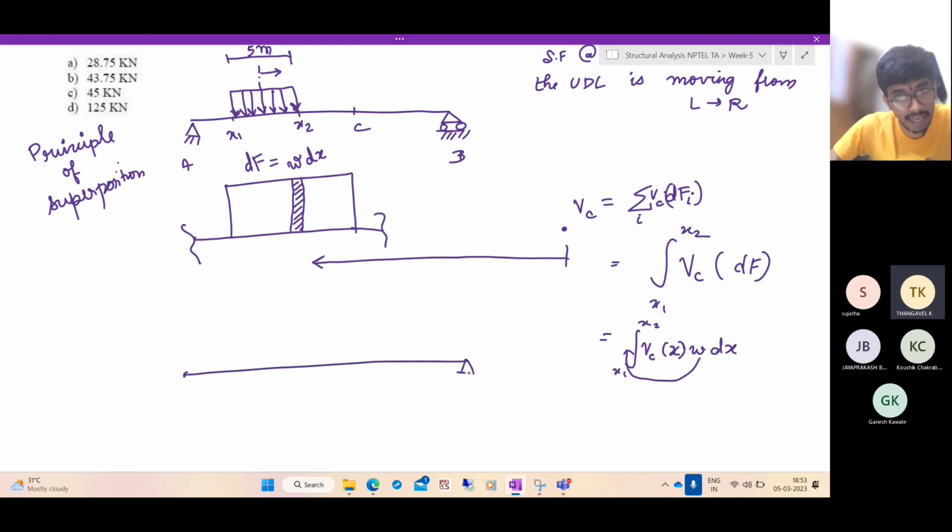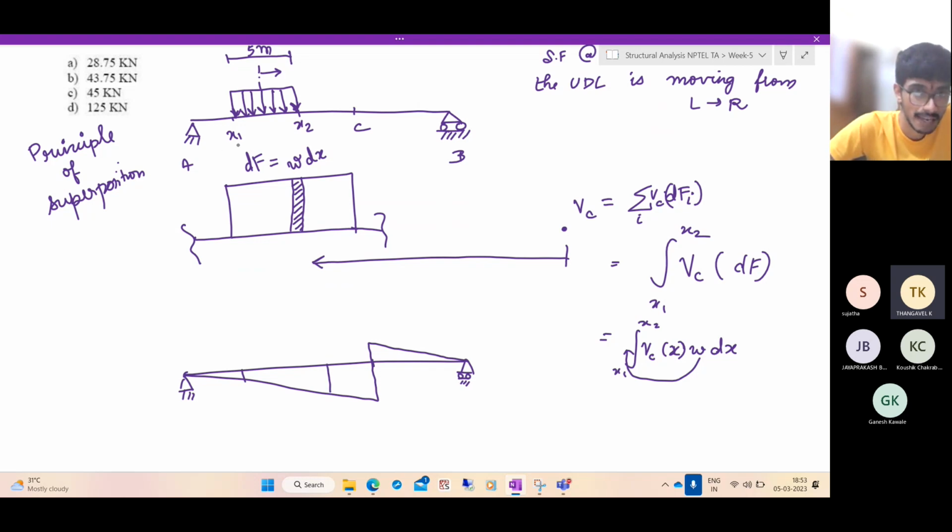Now, if you have a UDL and the position of the UDL is known, and you want to find out the shear force at the point due to this UDL, draw the influence line diagram. What is the influence line diagram? It's something like this. And the shear force that is caused due to this UDL at the point C is nothing but the area under the influence line diagram within these two limits, right?